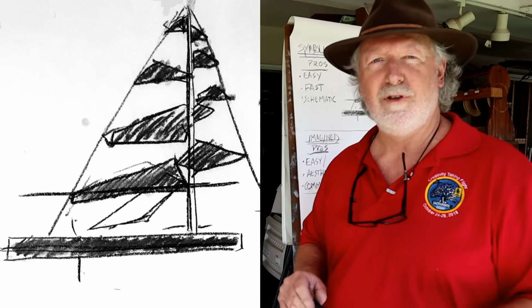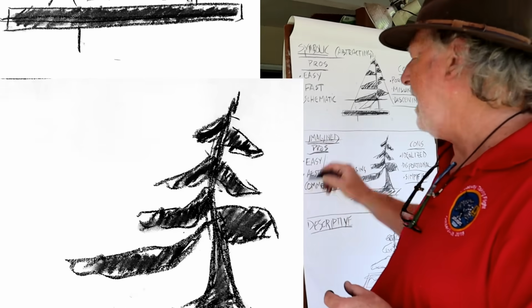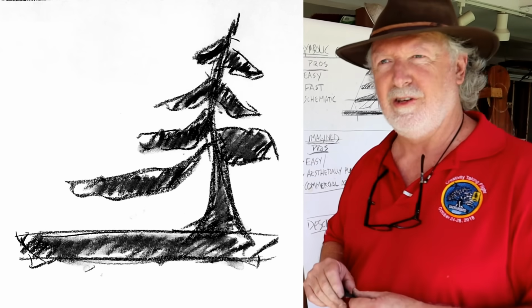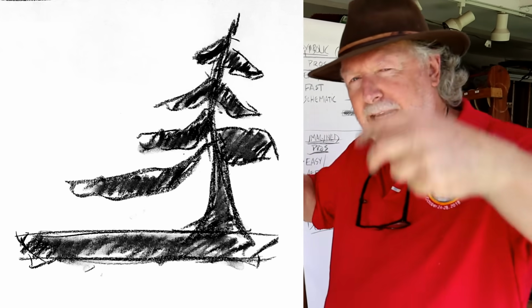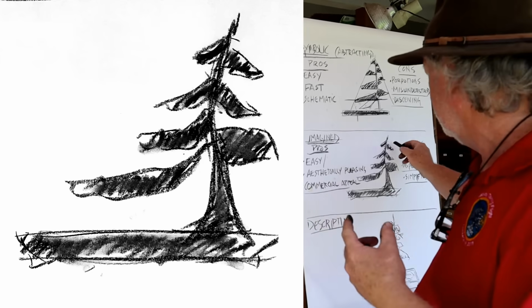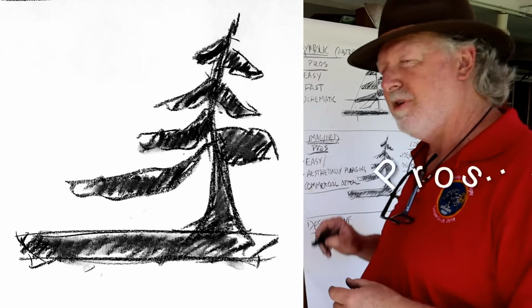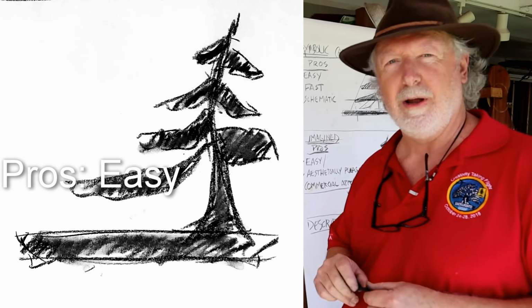So the second way of doing a drawing of a bonsai tree is through the imagined way of drawing it. This is sort of your idealized way of drawing the tree, and you're creating these curvatures and whatnot. So the pros on that is, again, it's an easy way of drawing a bonsai tree.